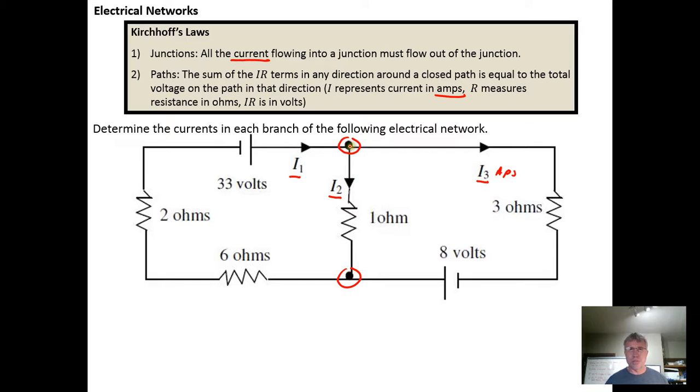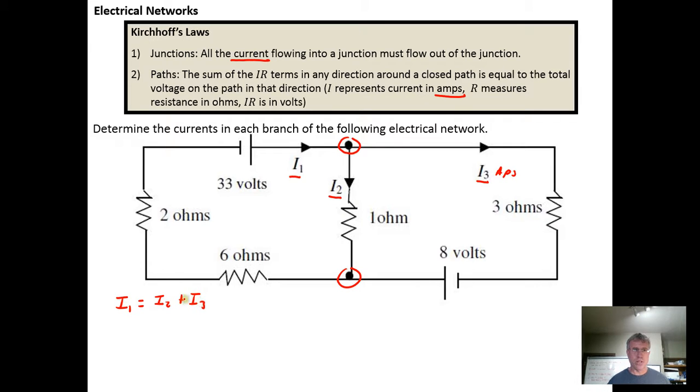So for example, this junction right here: there are I sub 1 amps, or I sub 1 electrons per unit time, coming into that junction, and the number of electrons coming in has to equal the number exiting, and there are I sub 2 amps plus I sub 3 amps exiting that junction.